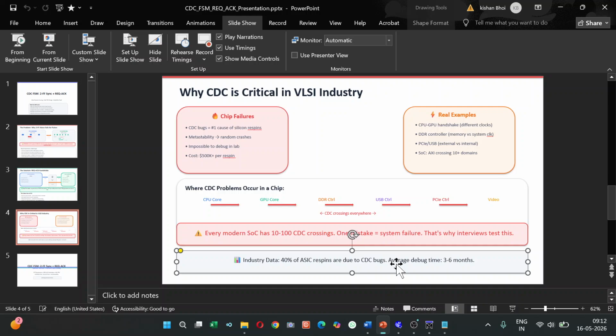You can understand it this way: 40% loss is caused by CDC bugs, and the average debug time for these CDC problems is 3 to 6 months. So that's why CDC is the most important topic in the VLSI industry and also in interview questions.